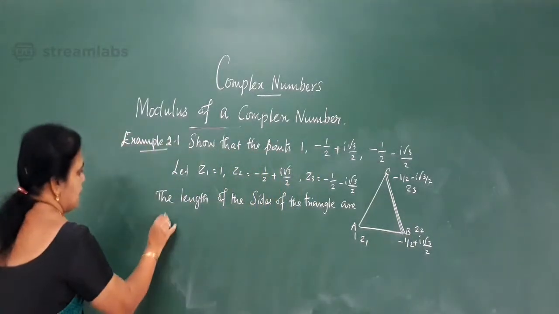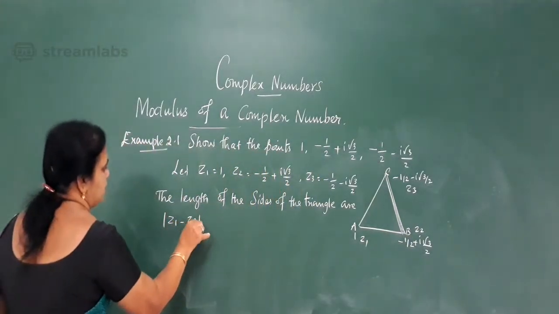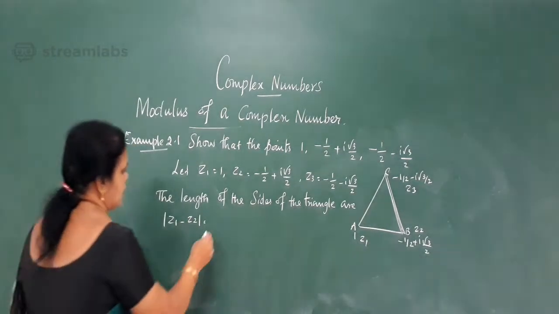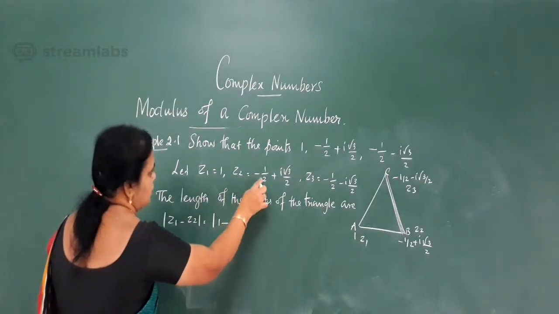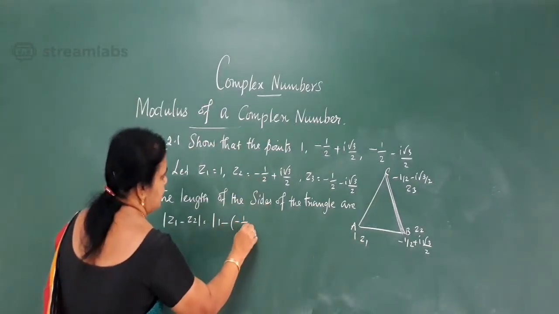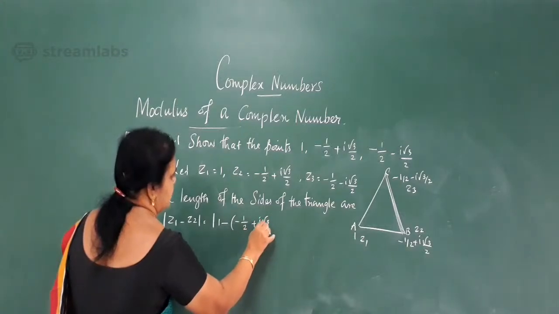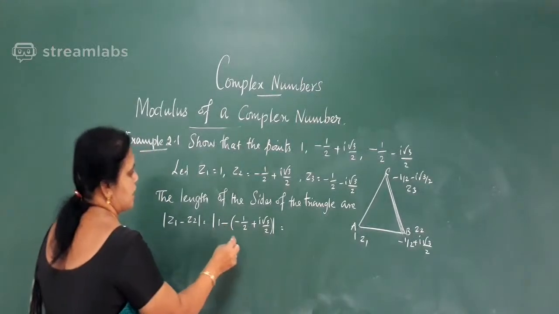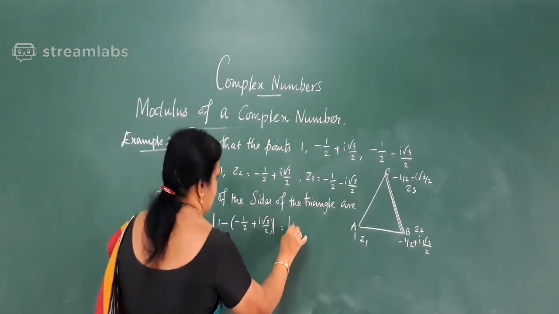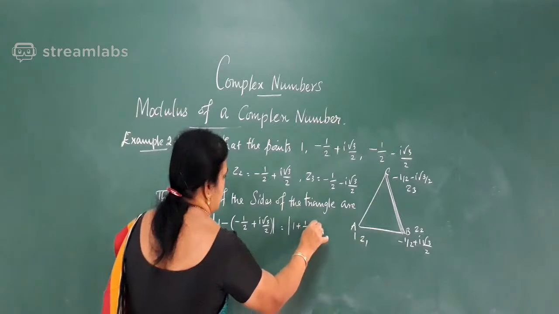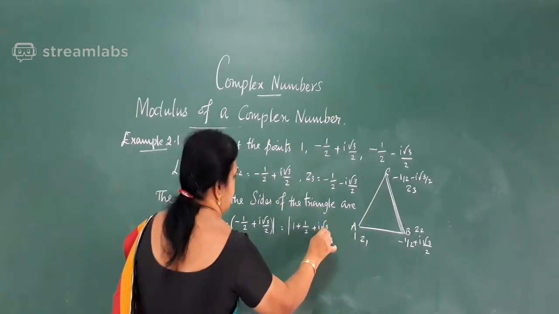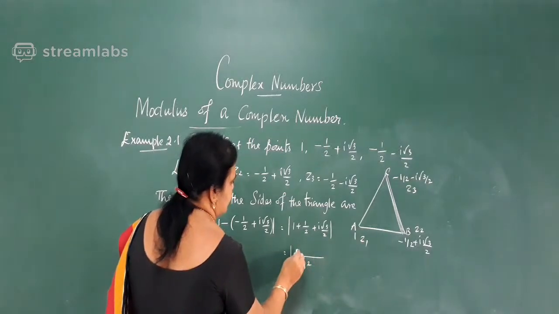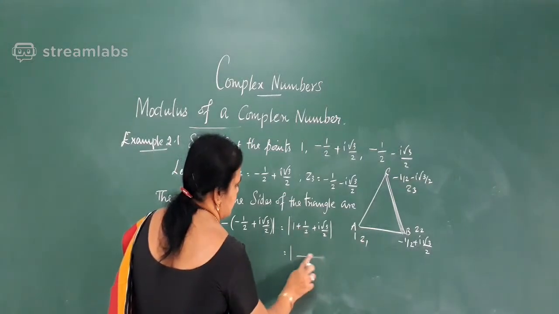Okay, first mod z1 minus z2. What is mod z1? They have given 1. So 1 minus z2, which is minus 1 by 2 plus i root 3 by 2. Minus into minus is plus, so 1 by 2 plus i root 3 by 2. Taking 2, we get 3 by 2.